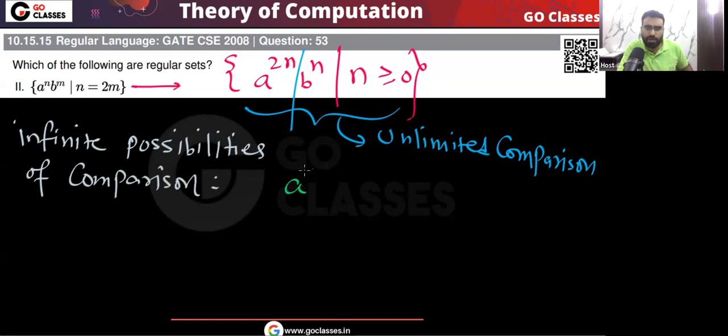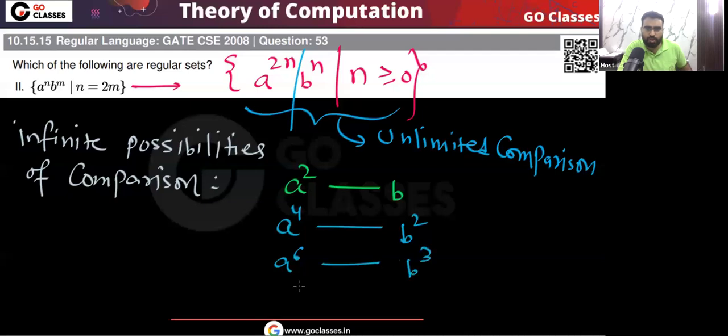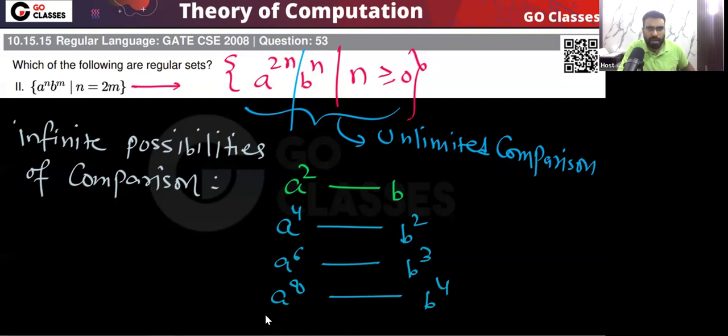For example, if you have 2a, then how many b's should be there? There should be 1b. If you have 4a, 2b should be there. If you have 6a, then 3b should be there. If you have 8a, then 4b should be there. Are you getting my point? And so on. Number of a can be any even number.